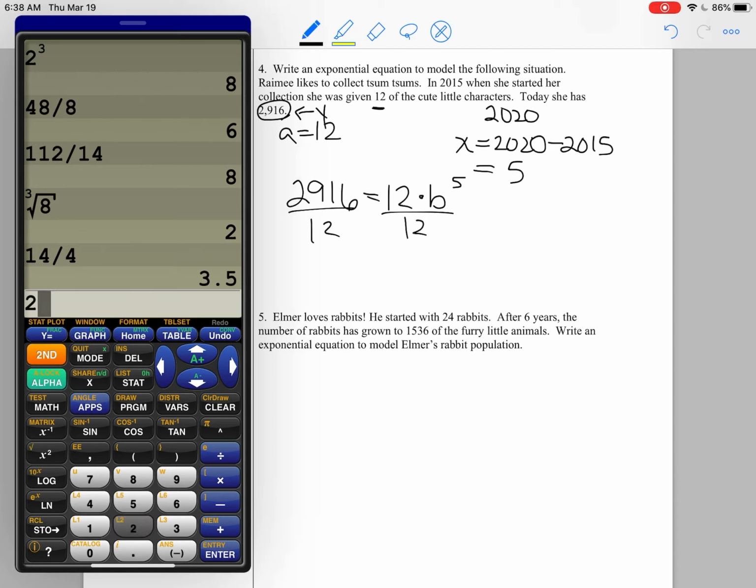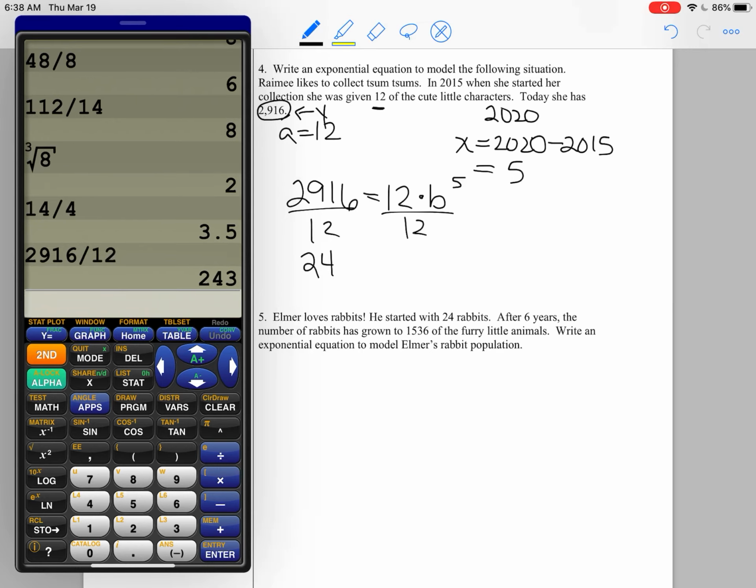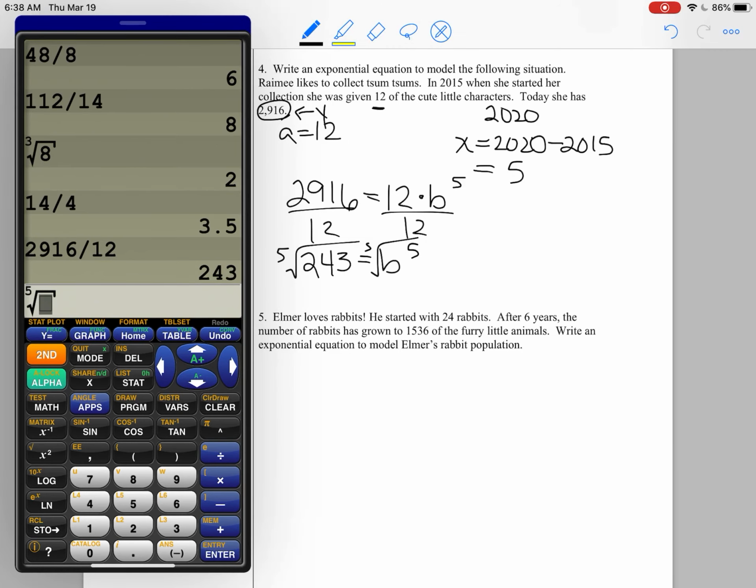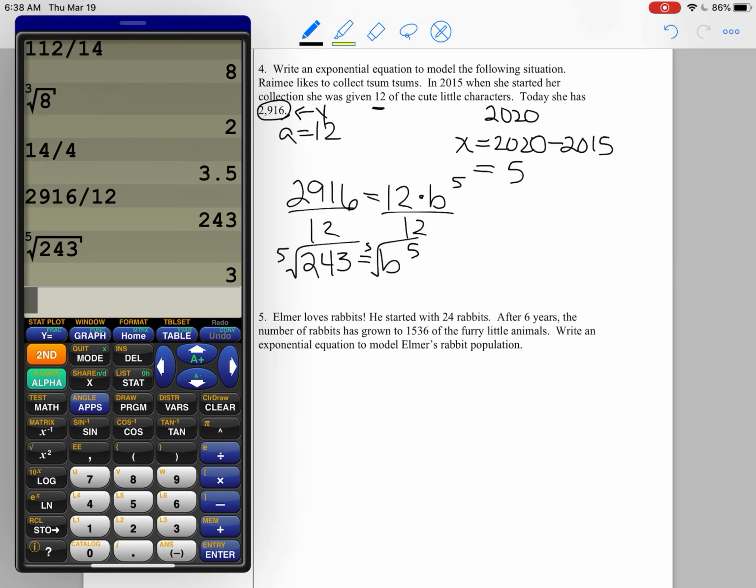So, 2,916 divided by 12 gives me 243 equals b to the 5th. Do the same thing, do the 5th power. Math, number 5 there, 243, and it gives me 3. 3 is equal to b. So there's my equation, y equals 12 times 3 to the x.